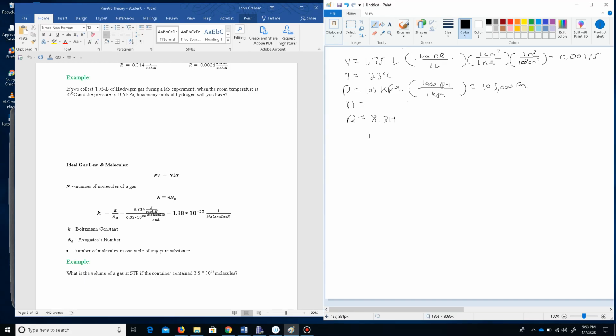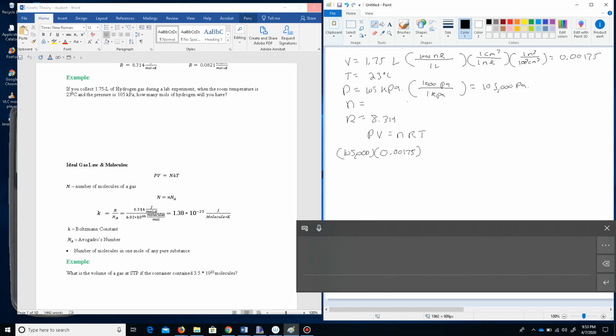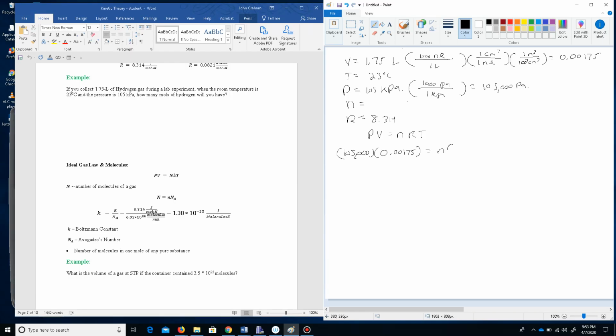Okay, so we have PV equals nRT. P is 105,000. V is 0.00175. n is what we're solving for. R is 8.314. And temperature, we have to convert this to Kelvin, so add 273, you get 296 Kelvin.